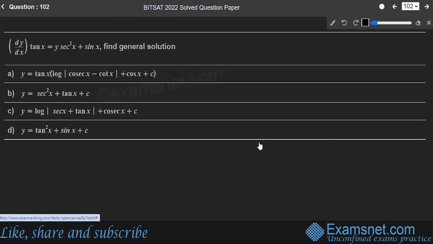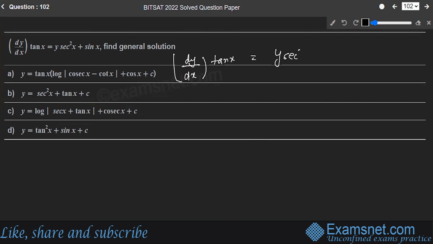Hope you understood this. Next is question number 102. dy by dx into tangent x is equal to this expression. You have to find out the general solution of it. So let's write down first: dy by dx tangent x is equal to y secant square x plus sin x. Or you can write it as tangent x into dy by dx minus y secant square x is equal to sin x.